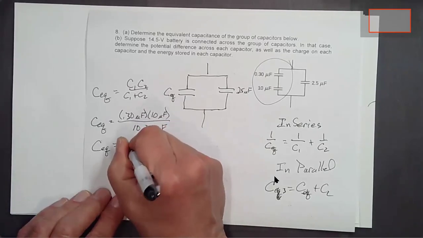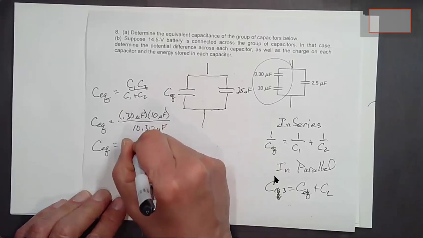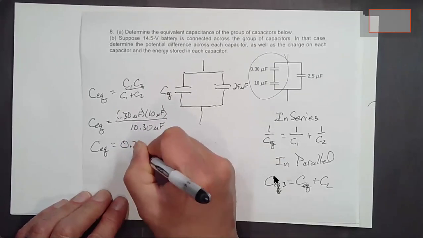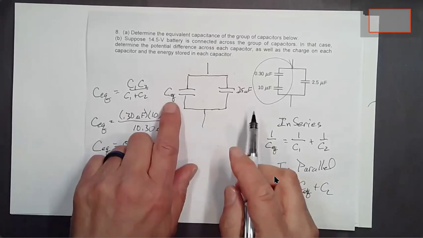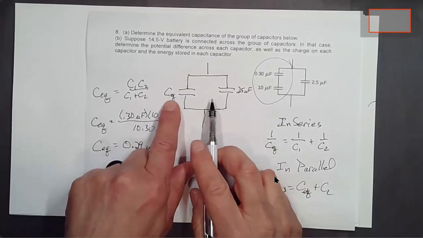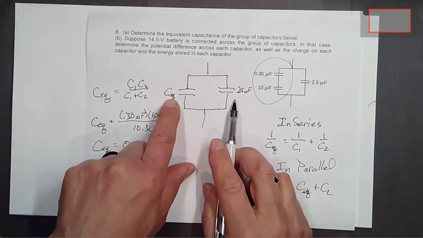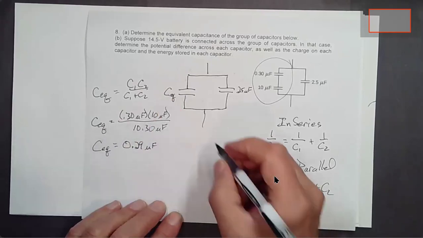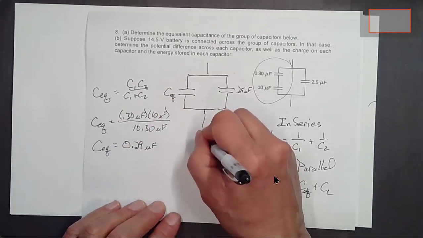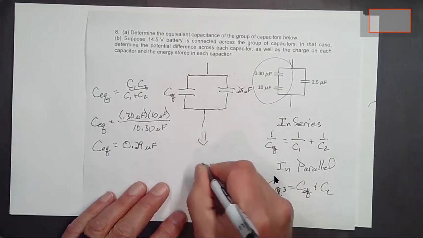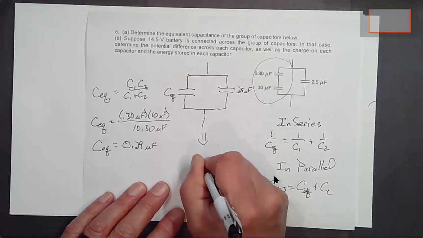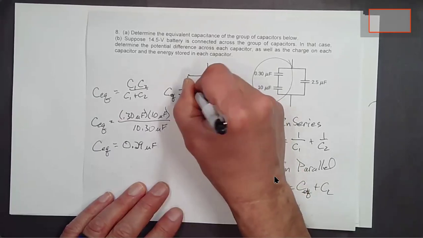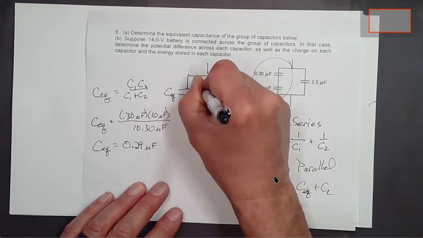Okay, I get an equivalent capacitance here of 0.29 microfarads. So now I'd have a 0.29 in parallel with that thing. And coming down here, I would have 0.29 microfarads.